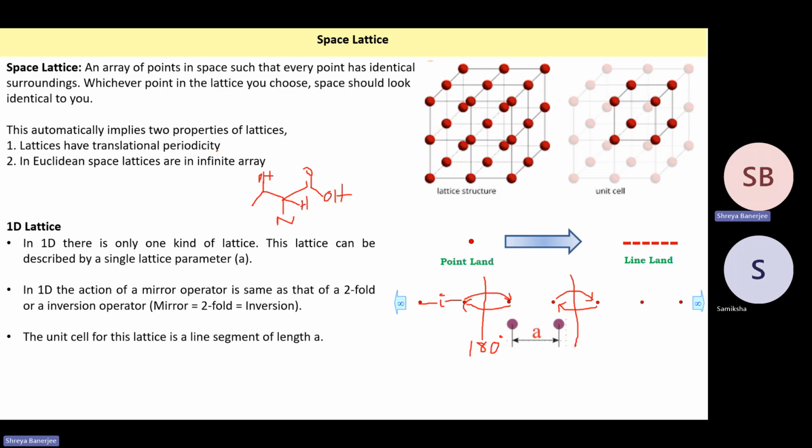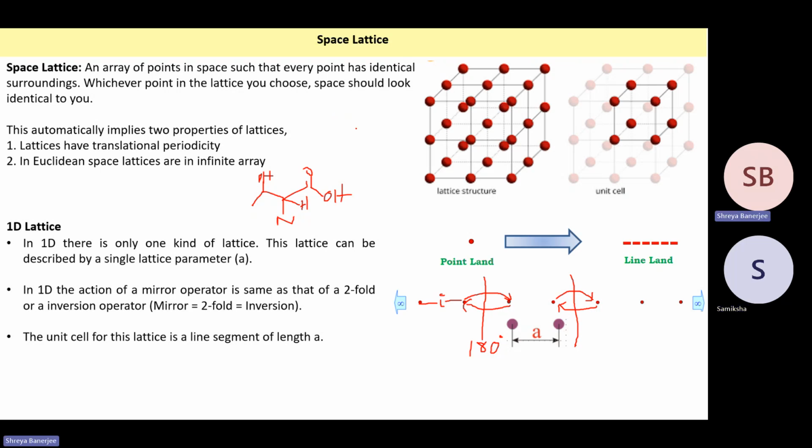So any molecule which has any carbon with four different substituents, you can call it a chiral center. And if a molecule has one chiral center, that entire molecule is chiral. If the molecule has multiple chiral centers, then in most of the cases the molecule is chiral.